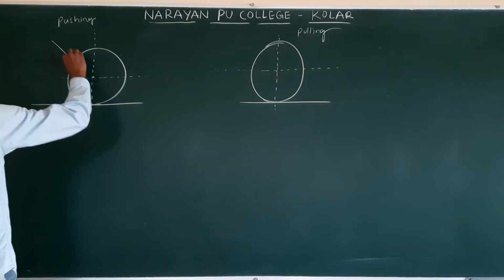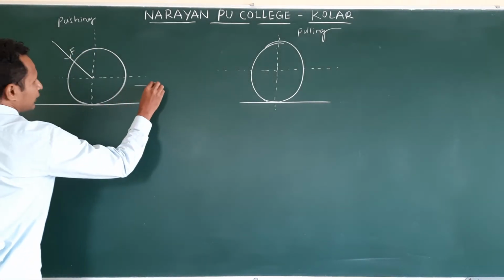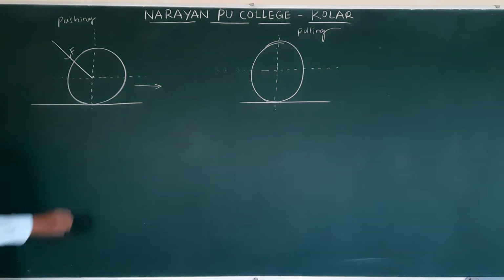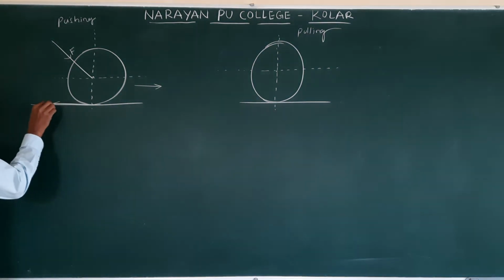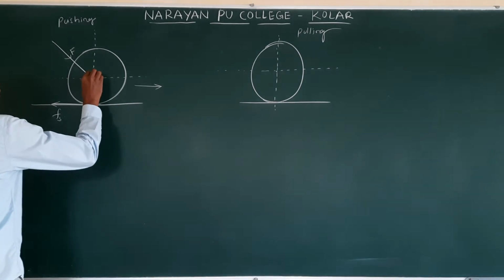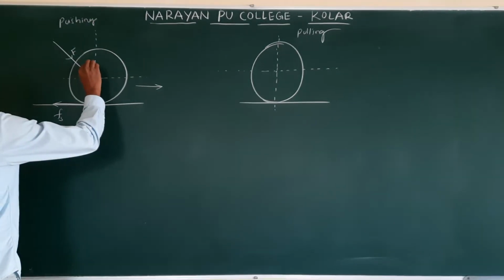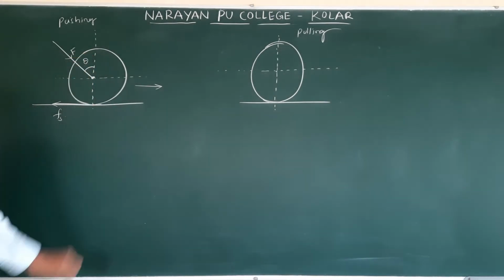Now we are applying the force like this. This is F, the tendency to move in this direction, right? And friction acts in this direction. This is Fs. I am talking about maximum friction. Now it's making an angle theta with the y-axis.